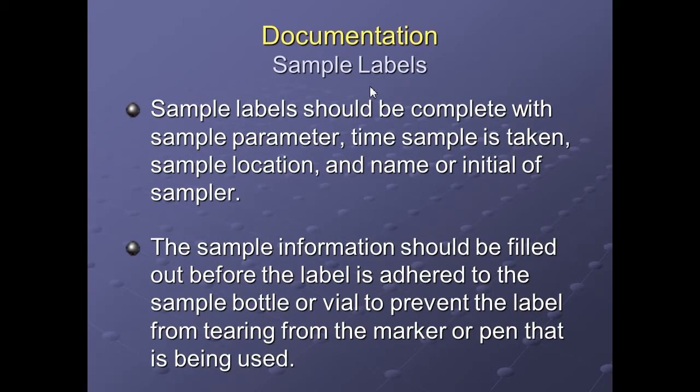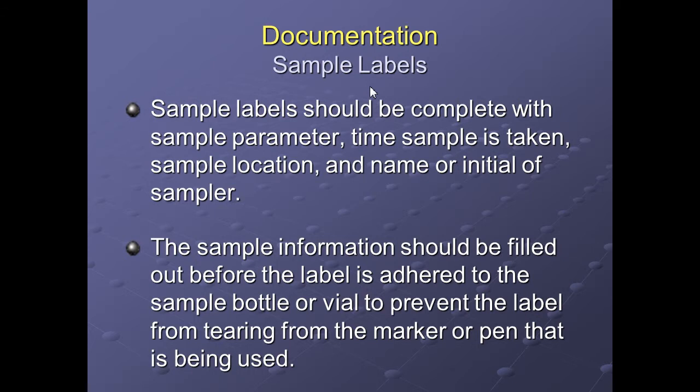The lab samples should be complete with your sample parameters. You have to have your sample time, that is when you took the sample, and the location of the sample. It's influent, effluent, or it may be more detailed. You may have to say this is the influent 1 sample of the air bay, or this is the raw sample taken from the headworks, and you give whatever location.